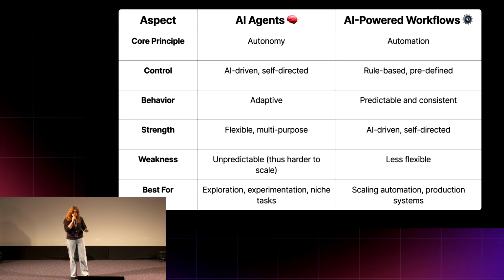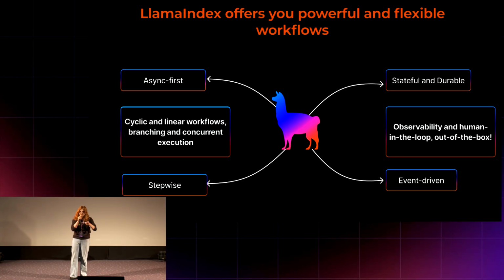So you cannot build a real production-grade system with only an agent. You need some kind of guardrails, you need some kind of control over the flow, control over what you're building. That is exactly what we are building at LlamaIndex.